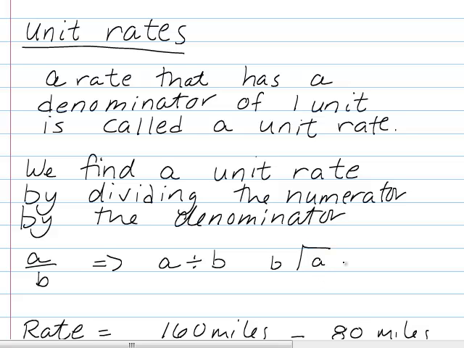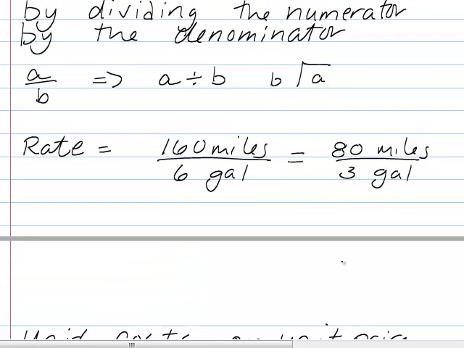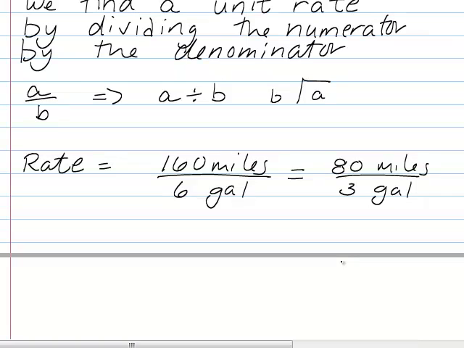So if we go back and look at the problem we just solved, we have a rate of 160 miles for 6 gallons of gas. What if I wanted to know for 1 gallon of gas? Well, the way we go about doing this is we divide our numerator by our denominator.